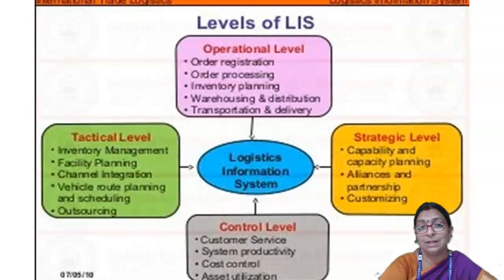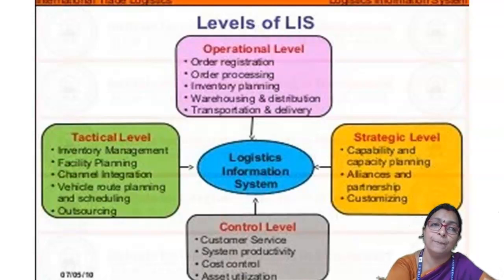At the tactical level, the information system is required to provide information for taking decisions on the formulation and implementation of logistics strategies. At the operational level, we could see all the basic operational functions.